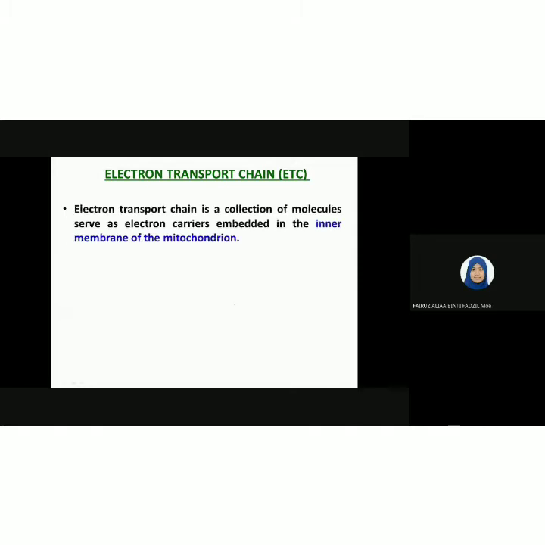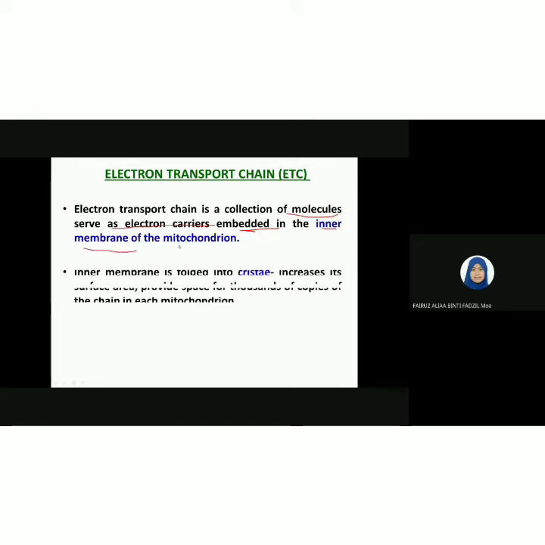So let's learn what the electron transport chain is. The electron transport chain is a collection of molecules serving as electron carriers, embedded where? In the inner membrane of the mitochondria.